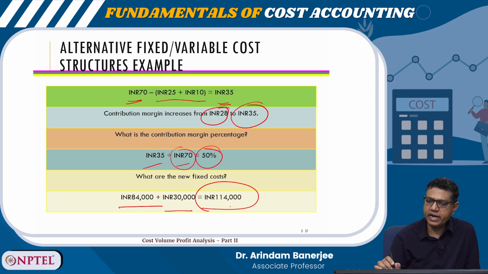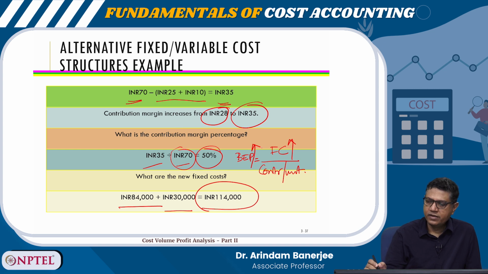Now, one thing I would like to mention here: if you remember, what is the formula for break even point? Break even point, I can write like this: BEP is equal to fixed cost divided by contribution per unit, right. So, if the fixed cost increases, break even point also increases.